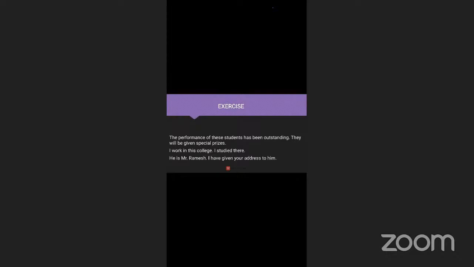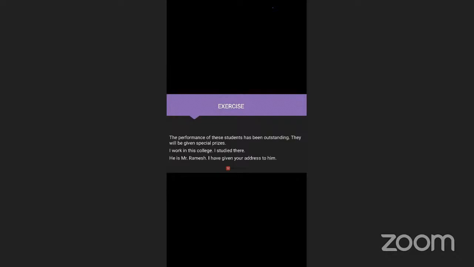But in the simple sentence, only two verbs are combined, not two clauses. I studied and work in this college. That is the simple form, and this is the compound form.